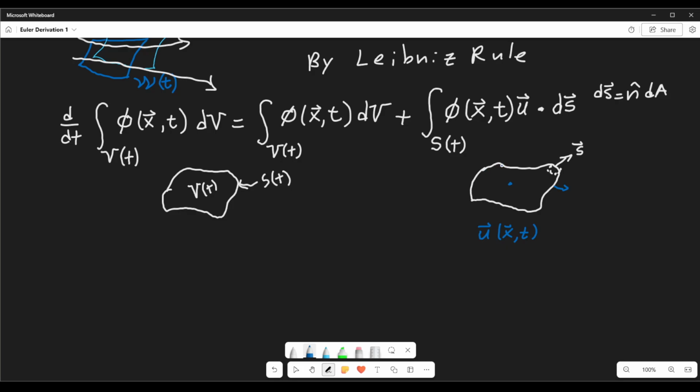Every point in this space is moving at a velocity dependent on where it is located at that exact moment. So the u is the velocity of that point in space and time on the surface, determined by the overall velocity of the vector field.